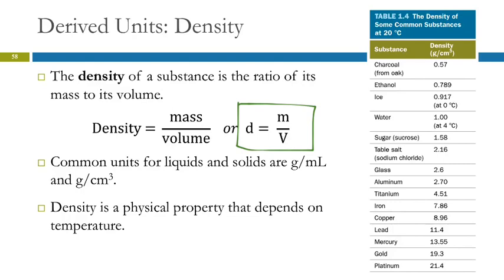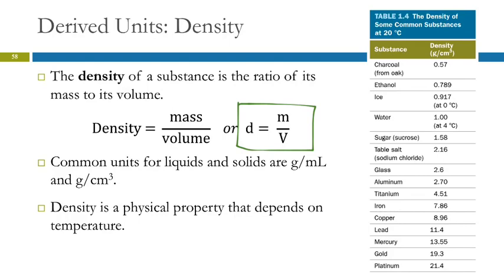Because the mass is the amount of substance, and that can't change based on the temperature, but volume can. You may be aware that many substances expand slightly when they're heated. That's why if you've got a lid stuck on a jar, you run it under hot water. It makes the metal lid expand a little bit, and then you can get it off.